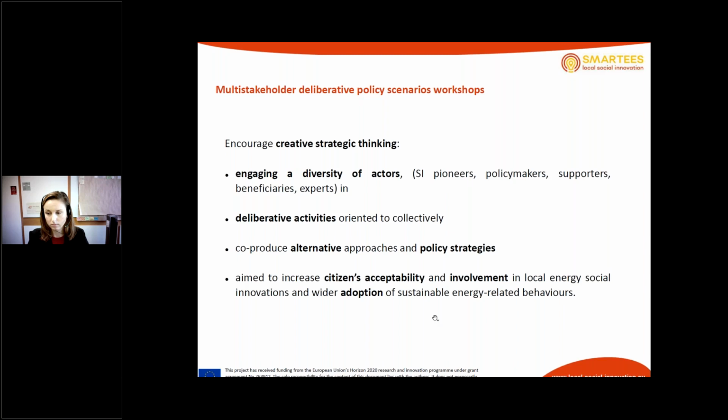Thus, such deliberative policy scenario workshops are based on the participation of a diversity of actors that have a profound knowledge on the development of the social innovation, and also provide different approaches that help to figure out alternative avenues to deal with the challenges, the barriers, and also the opportunities to engage citizens in social innovations and to increase social acceptability. Next slide, please.